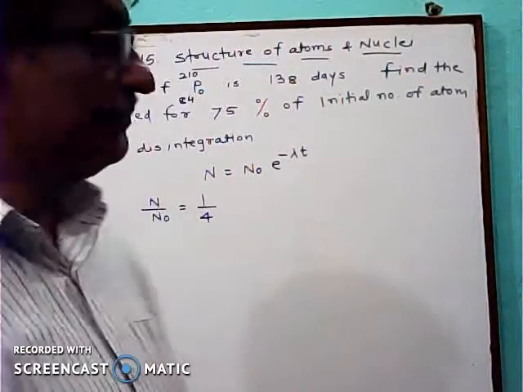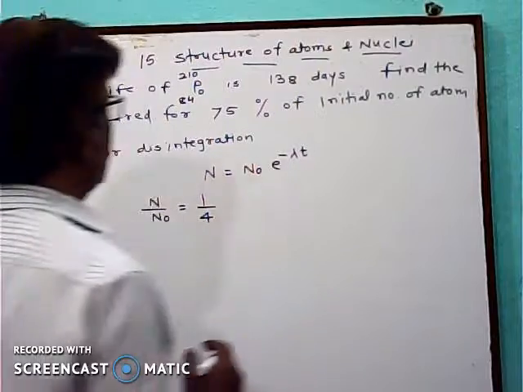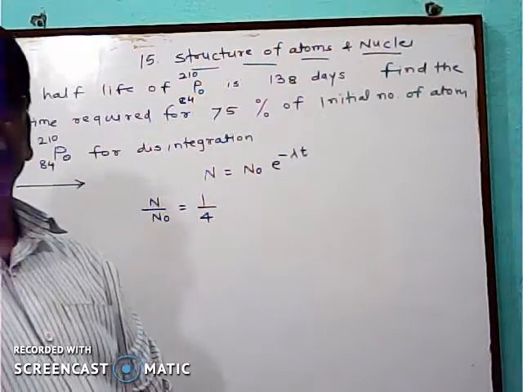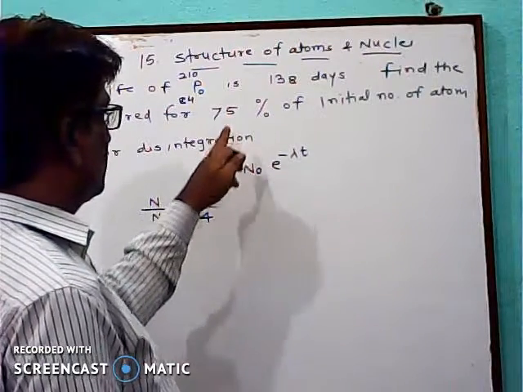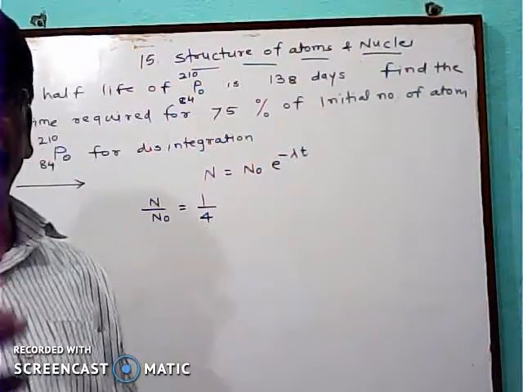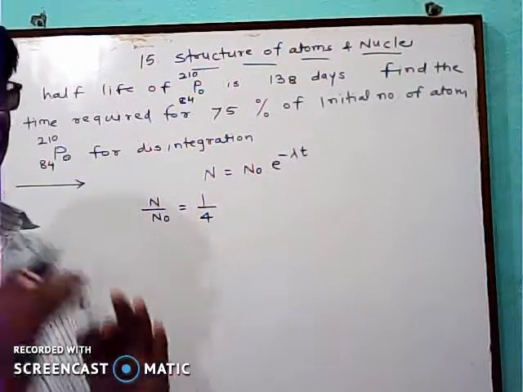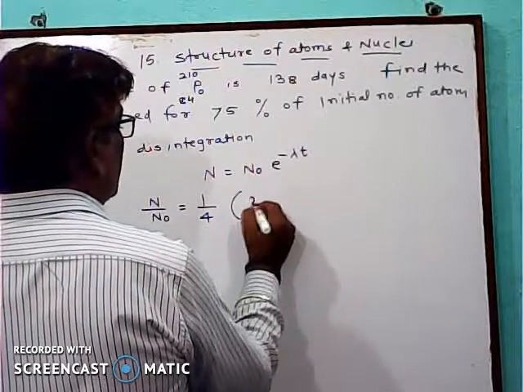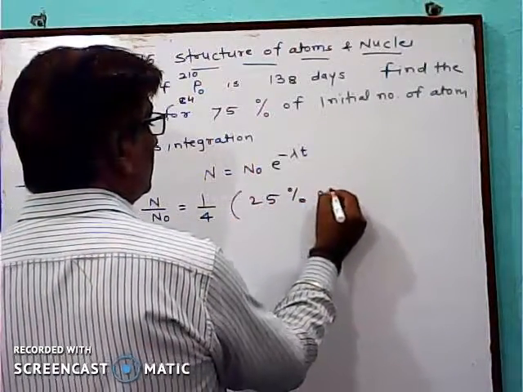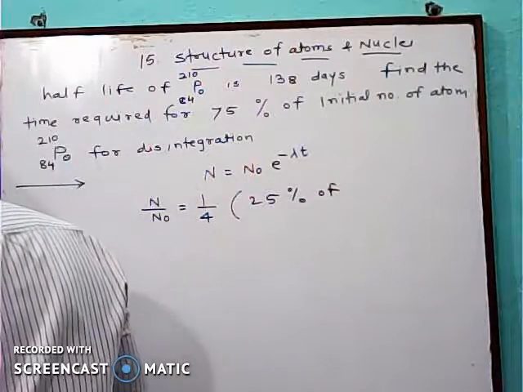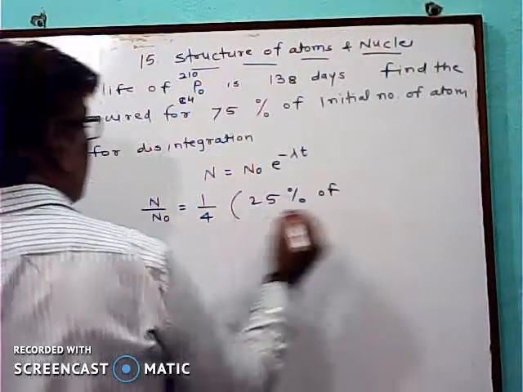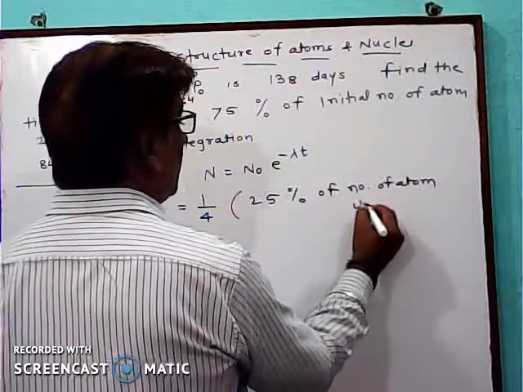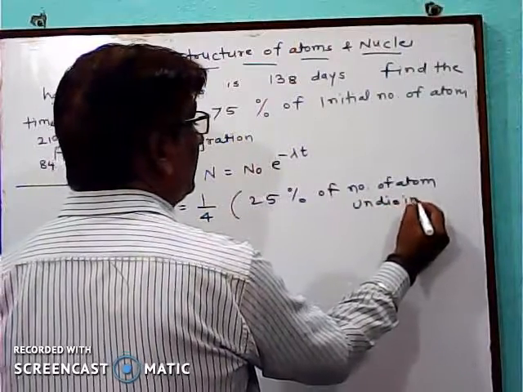We can remember how this 1 upon 4 arises, because 1 upon 4 is 25%. It means 75% disintegration will be there, but 25% will not be disintegrated, that is 25% of the number of atoms is undisintegrated.